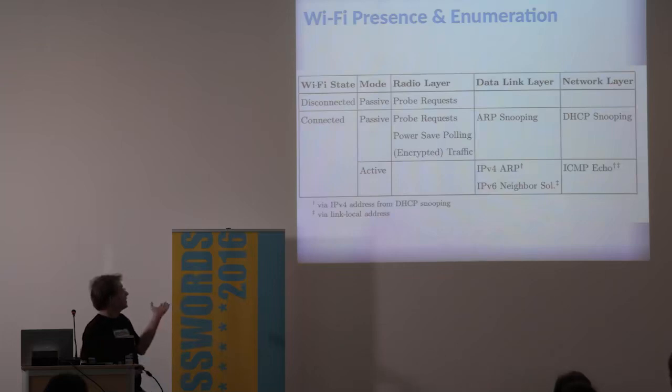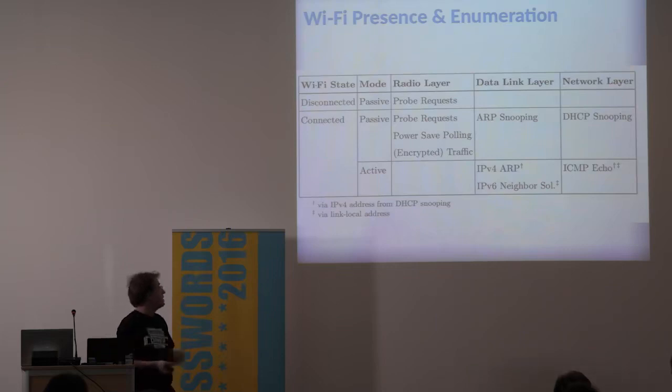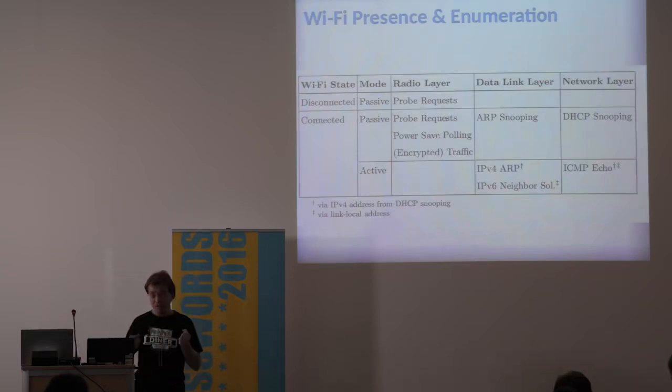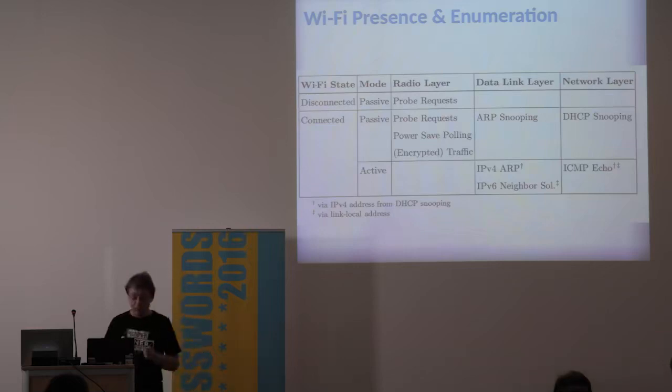In the disconnected state, we can passively sniff probe requests. In the connected state, we can passively monitor the traffic and just record the MAC addresses that are used. And if it should happen that within a time frame the phone produces no traffic whatsoever, then we can still actively probe for its existence, for example using ICMP echo.